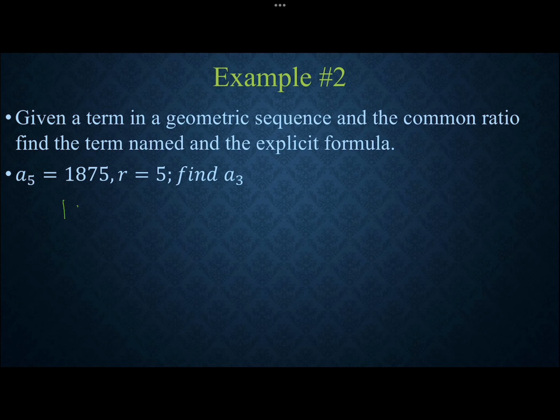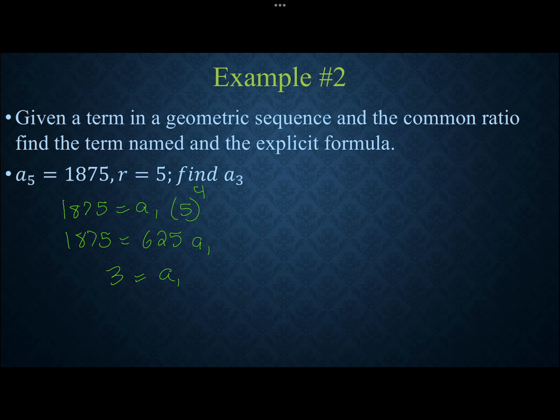We know that a5 would equal a1 times r to the n minus 1 power. Well, a5 implies that's the fifth term, so 5 minus 1 is 4, so this will be raised to the fourth power. That gives us 1875 equals a1 times 625, which when we divide over the 625, a1 is going to be 3.